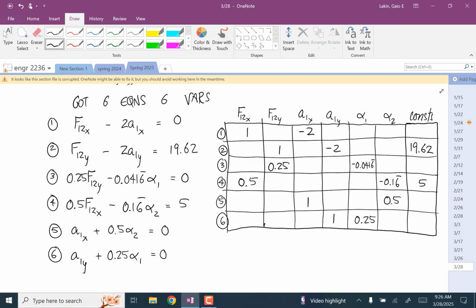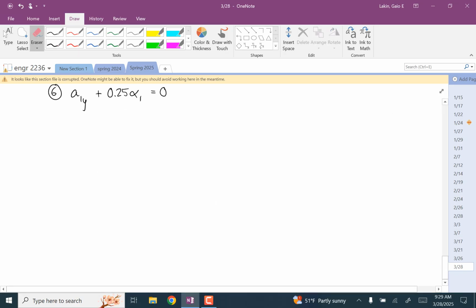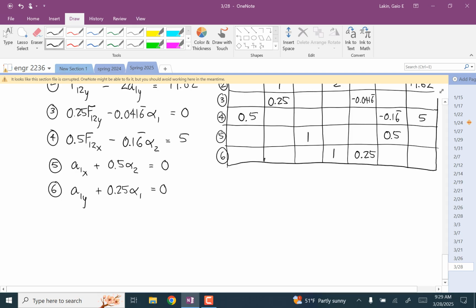See if you can figure out how to enter this into your calculator, and I'll do it too. And so F12, those are the first two answers in that last row. That is, I got 7.5. Yes, 4.905.